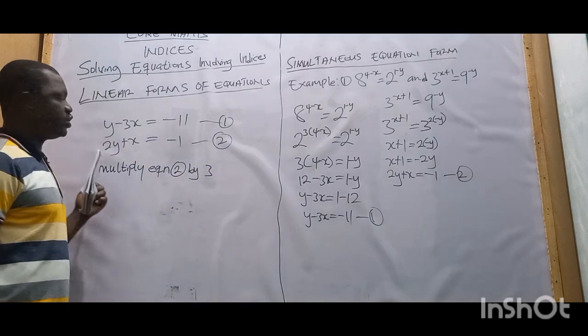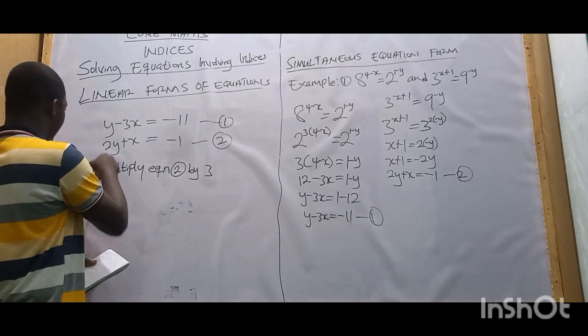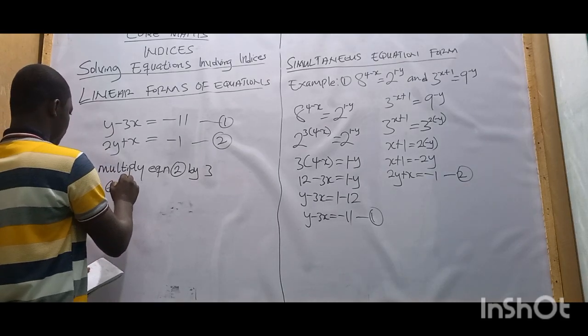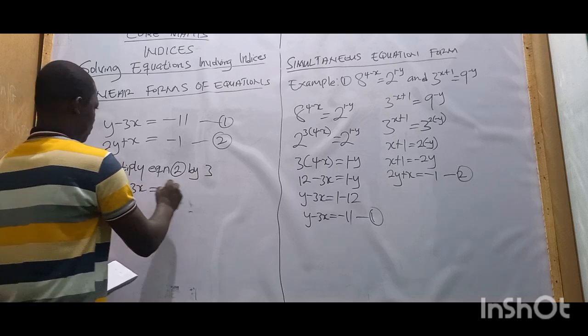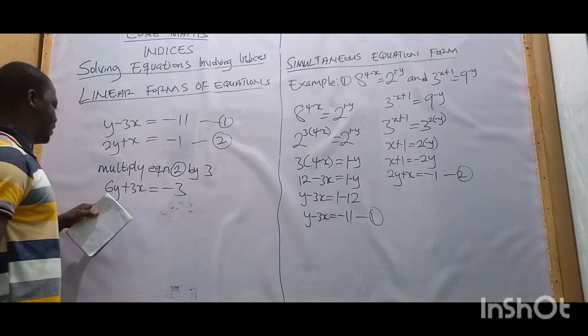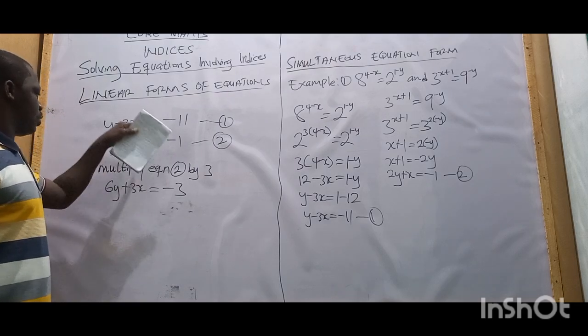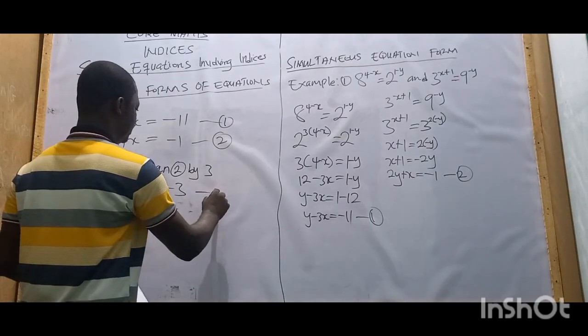So multiply equation 2 by what? 3. So you multiply it by 3, I'll get what? 6. So I'll get 6y plus 3x equal to negative what? 3. So this becomes my equation 3.